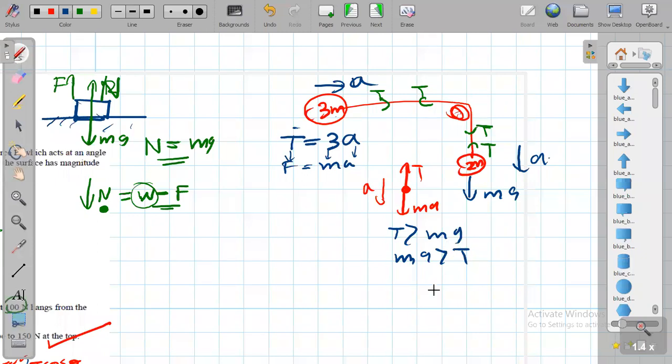Quickly tell me. Mg, what? Yes, mg is greater than T, because that's why it is accelerating downwards.